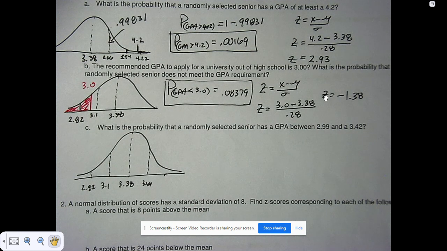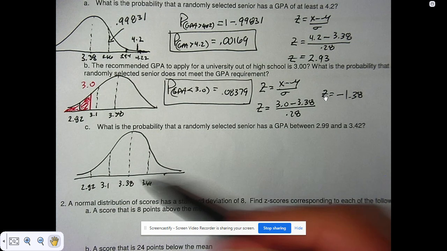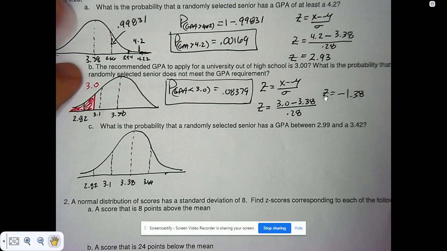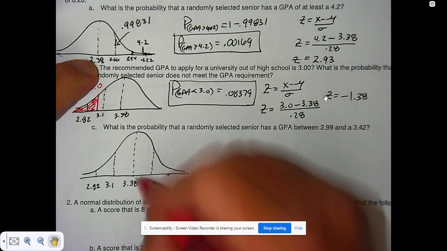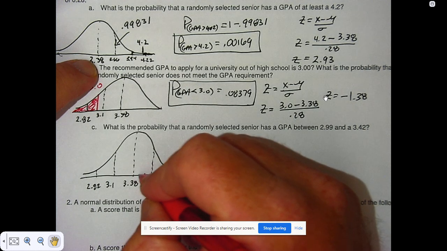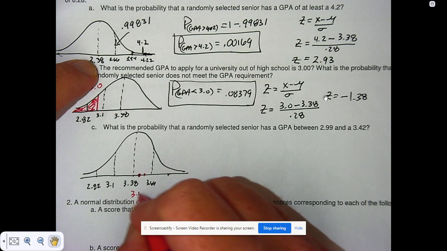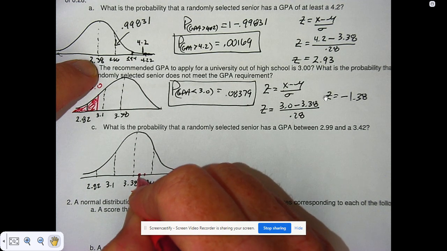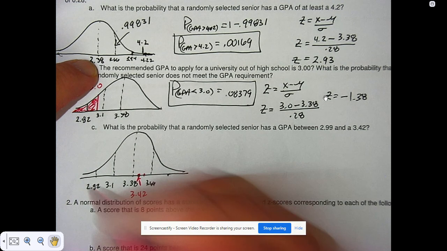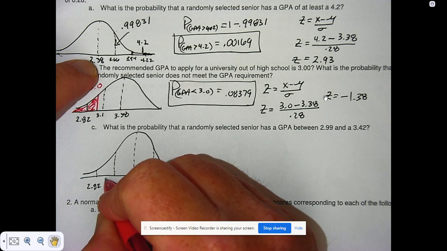So 3.66 and 3.94. Don't need to do the 3.94 because 3.42 is going to be in there. So 3.42 is going to be right about here. Whoops, no, it's going to be right about here. And 2.99 is going to be right in here somewhere.